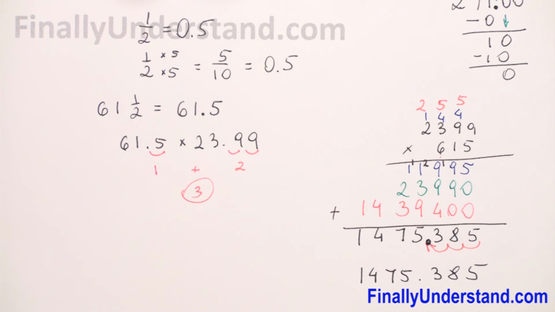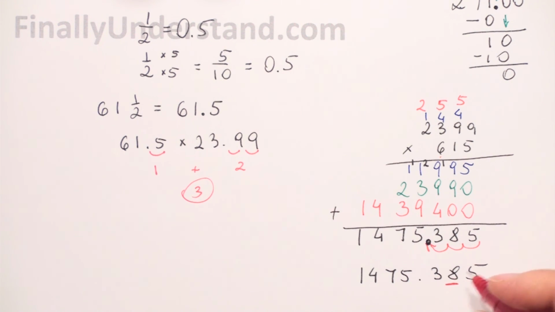So we underline 8 because 8 is in the hundredths place. Now we check what we have after our underlined digit, which is 5. When we have 5, we have to add 1 to our underlined digit. Whatever we have after our underlined digit, we change to 0. So 5 we change to 0.